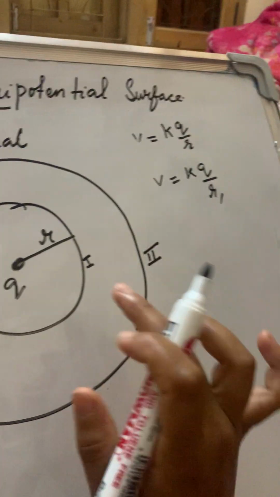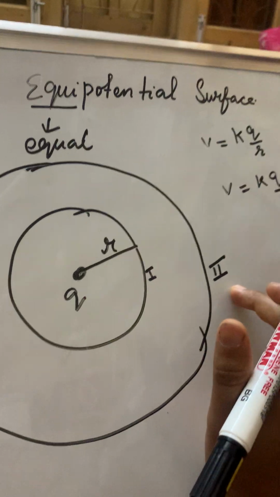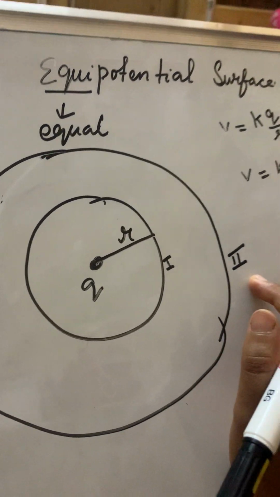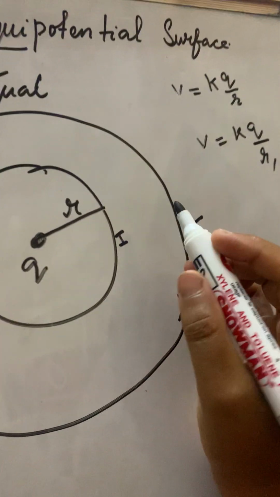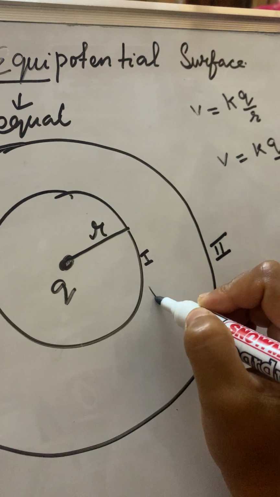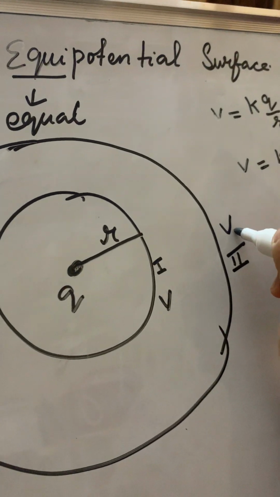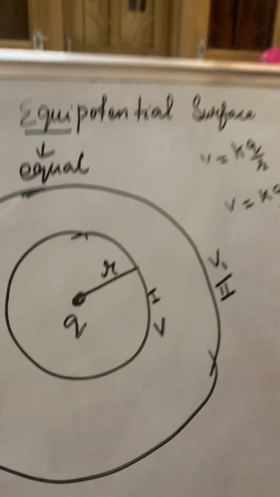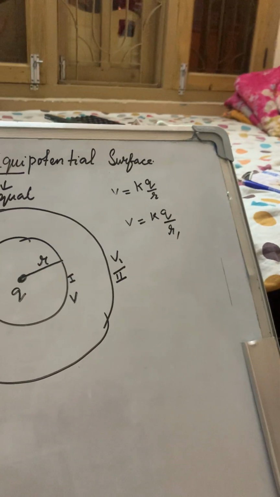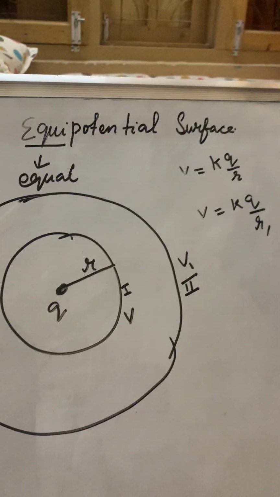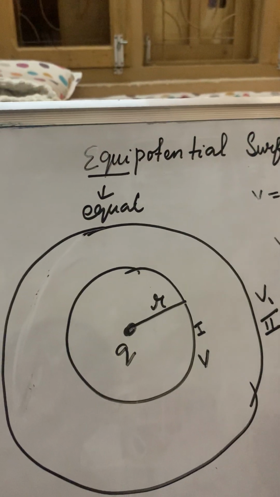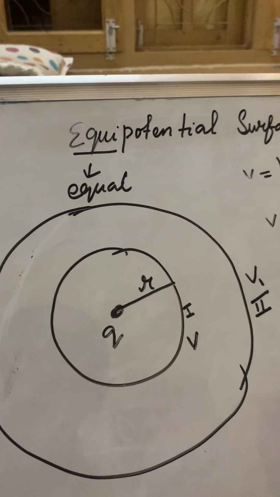Now, is the potential of surface 1 and 2 the same? No, because suppose this has the potential of V, then this will have another potential V1. The potential V is higher than V1.